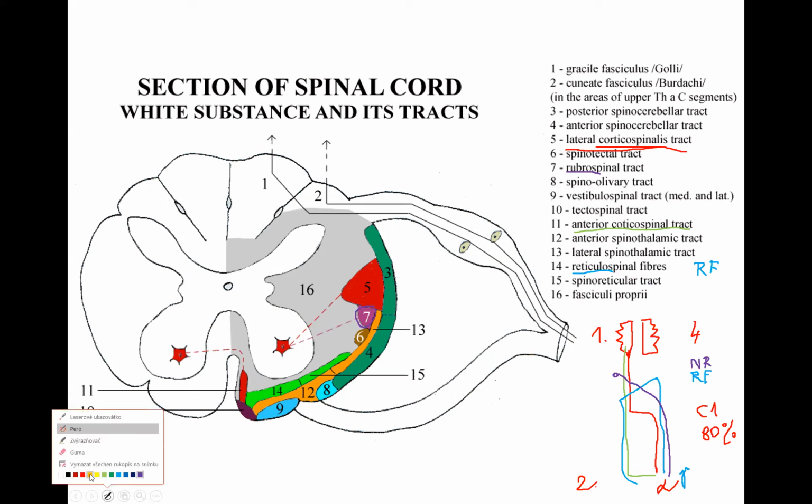And then the last big tract is this one, which we call vestibulospinal. And what is vestibulum? Do you know what is vestibulum? Please give me the answer, so I know you are there. Entrance. Of course, do not translate it.